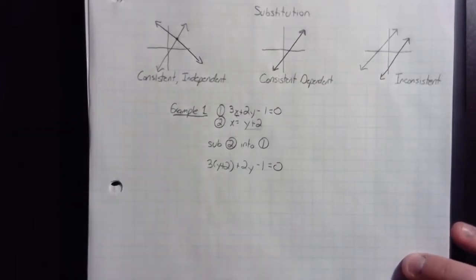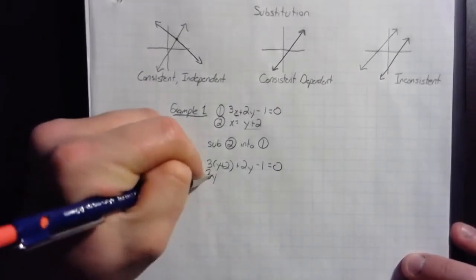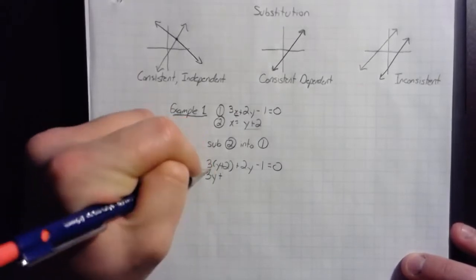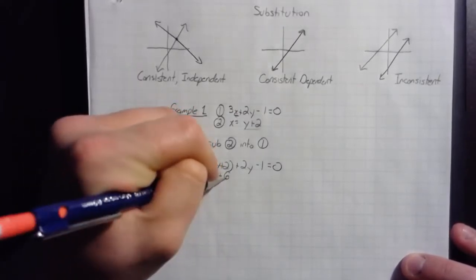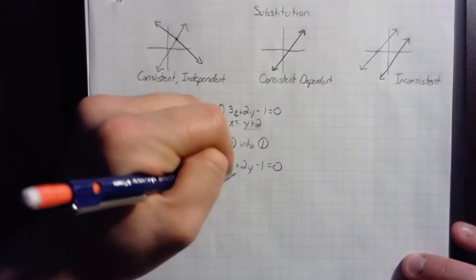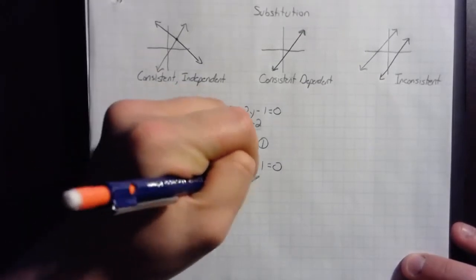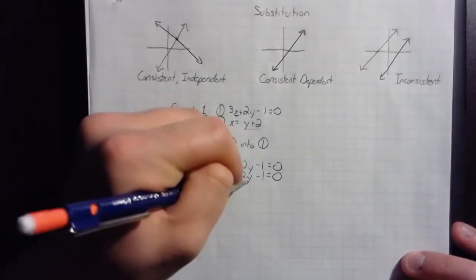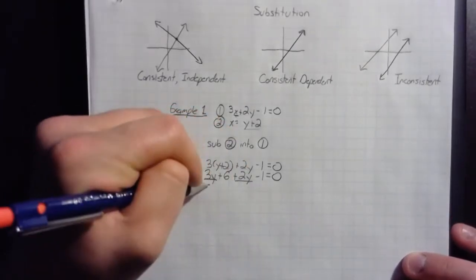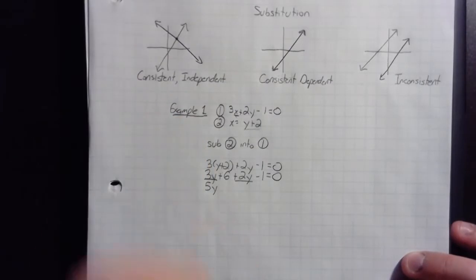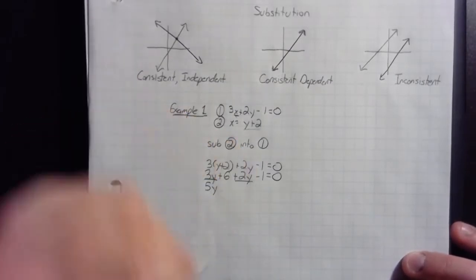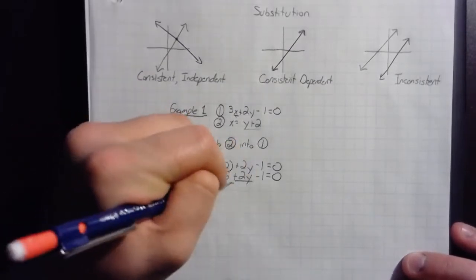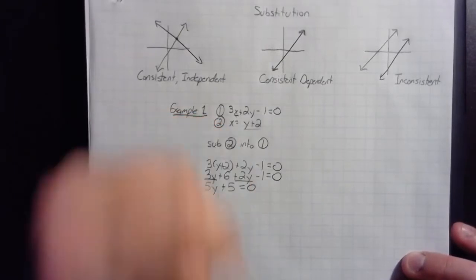So 3 times y gives me 3y, plus 3 times 2 gives me 6, plus 2y minus 1 equals 0. Now I can collect my like terms. So 3y plus 2y gives me 5y, and then 6 minus 1 gives me plus 5 equals 0.